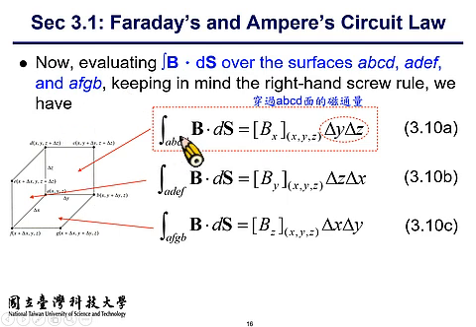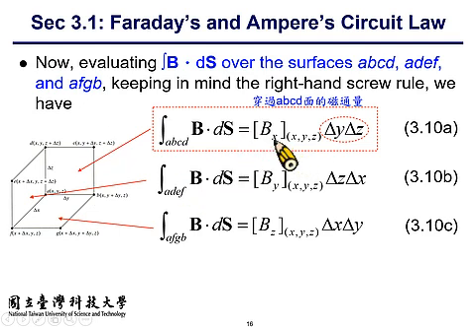That is the surface integral of magnetic flux density B over a specific region. So it can also be decomposed into three regions on the YZ plane, XZ plane, and XY plane, and because the region is so small, it can be simplified as the magnetic flux density at a specific point, or in an average sense.